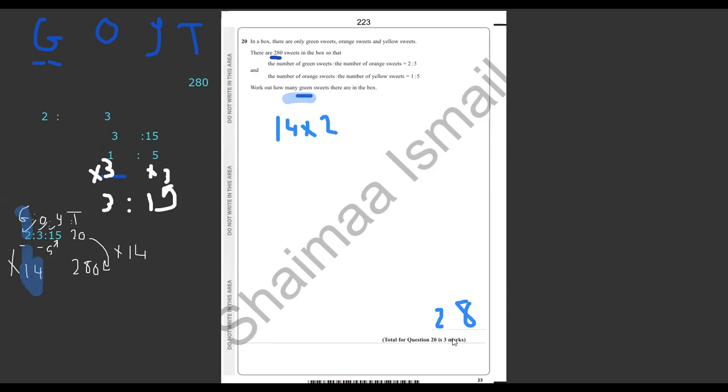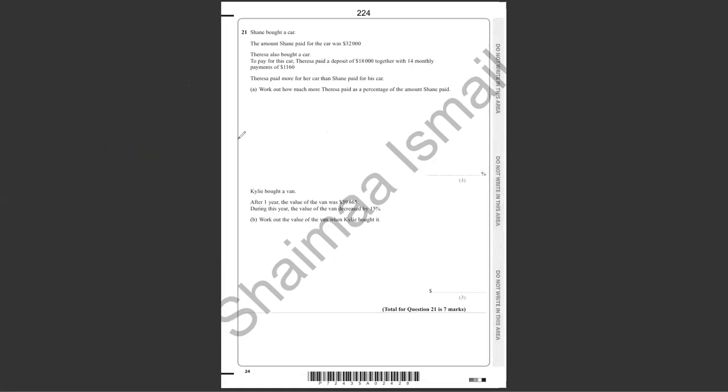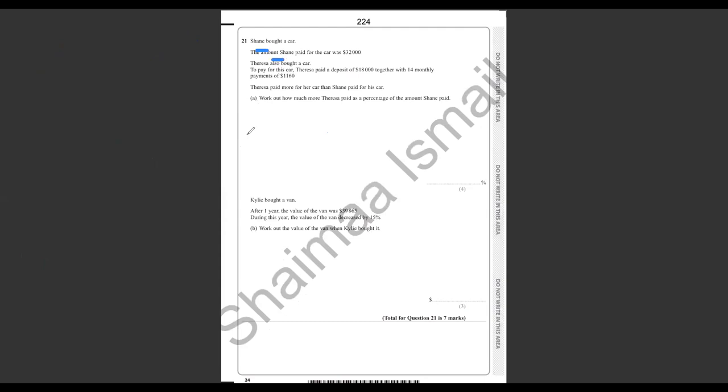Make sure that you solve all the questions in one page. Let's see the next, question number 21. Shane bought a car; the amount Shane paid is 32,000. Teresa also bought a car.